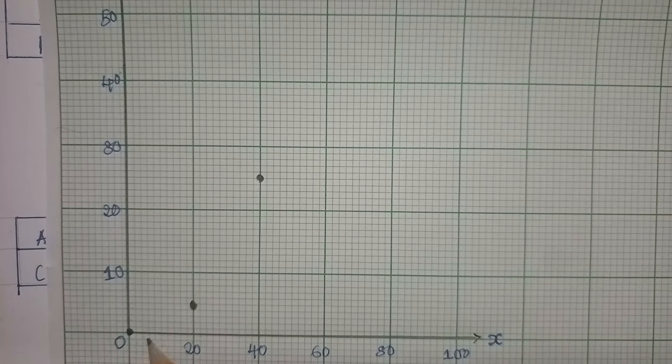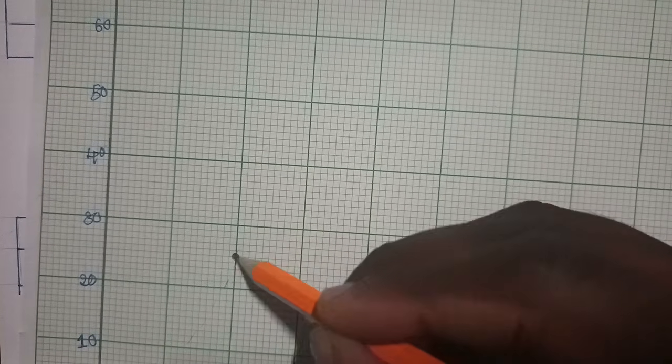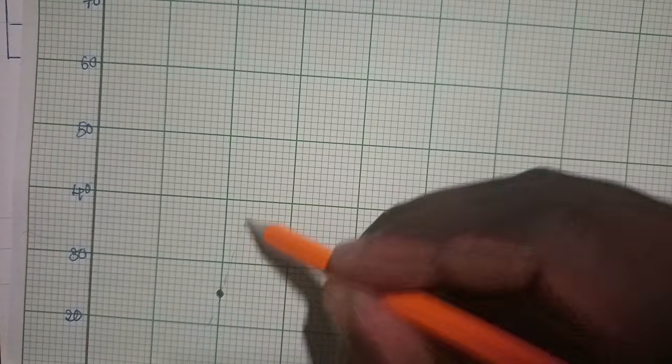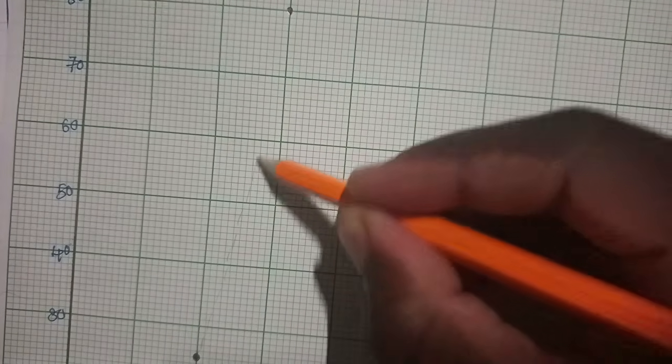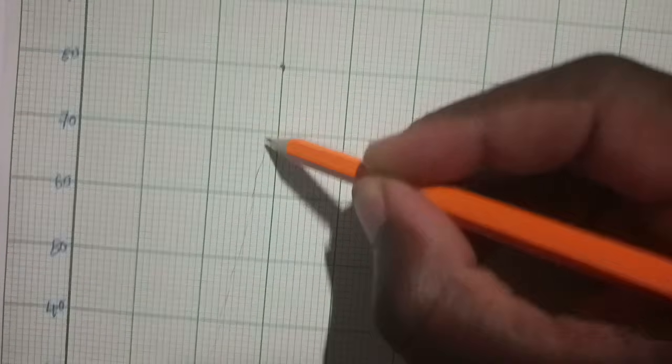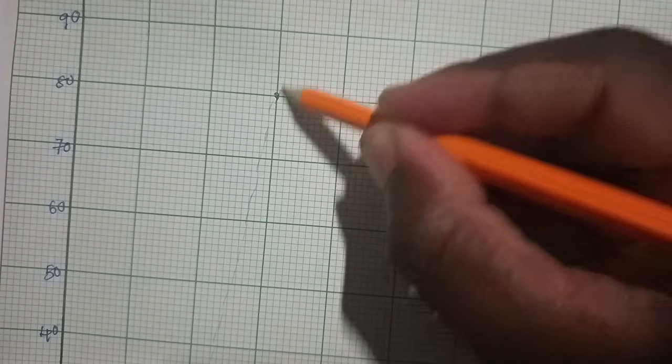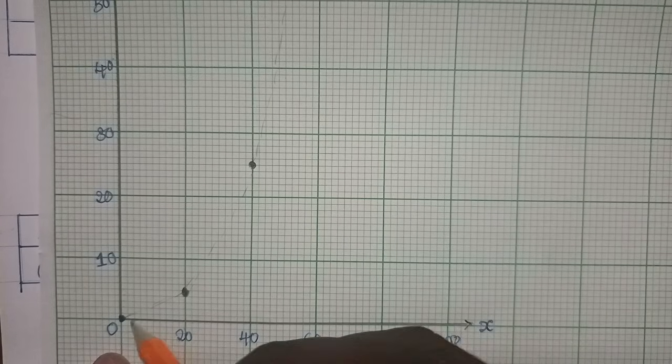So let me join them. So it will be like this. I hope you're able to see, because I'm not too sure. So I'm not going to do the full graphing yet. So I'll do faint so that I get to be sure of where it's supposed to pass. So now I'm sure that this is how it will pass. So now I can follow through.